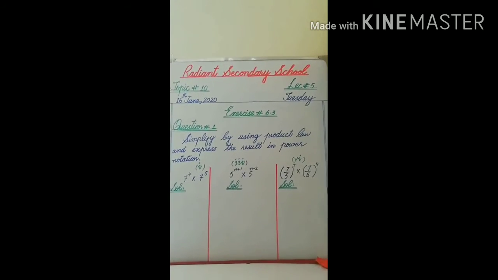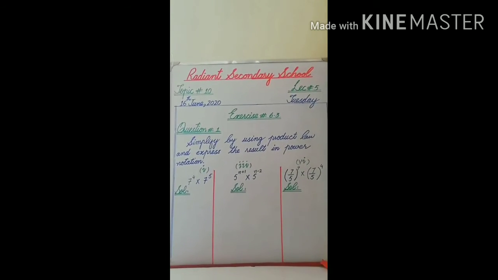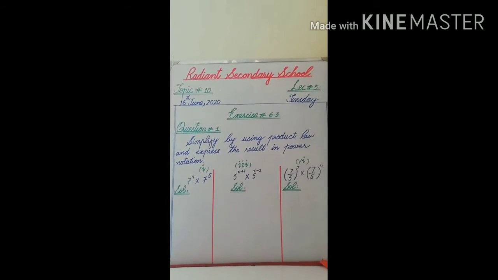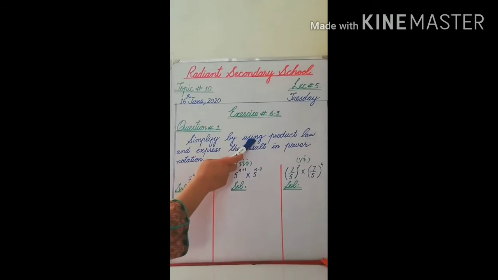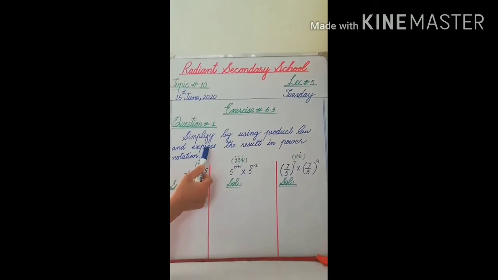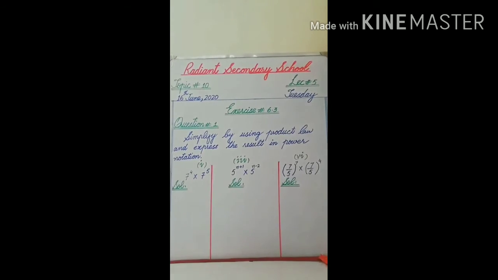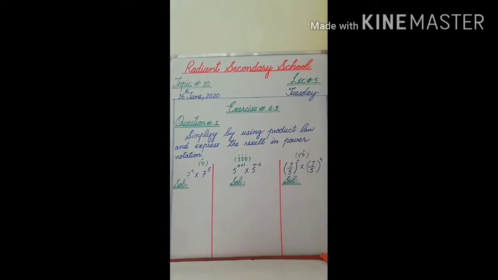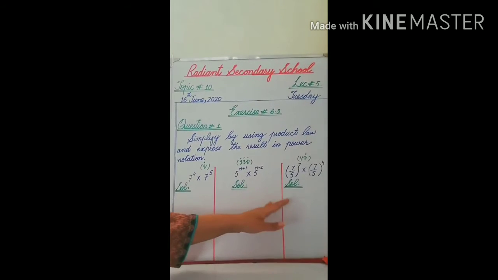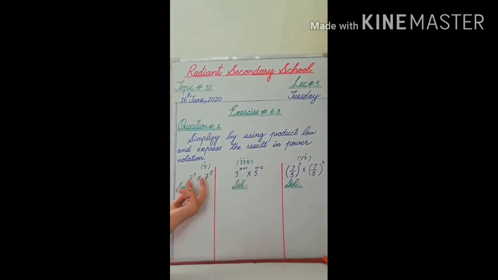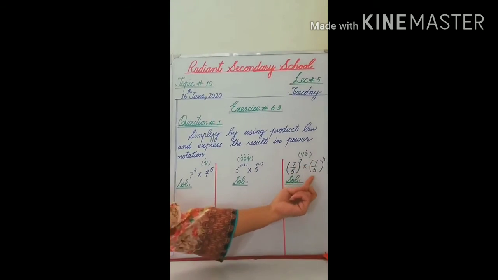Okay students, it's the time for solving some questions from exercise 6.3. You can see I have written question number 1 on board, that is simplify by using product law and express the result in power notation. I have written 3 parts from question number 1 and you can observe in all the given 3 parts bases are same: 7, 7, 5, 5, 7 over 5 and 7 over 5.